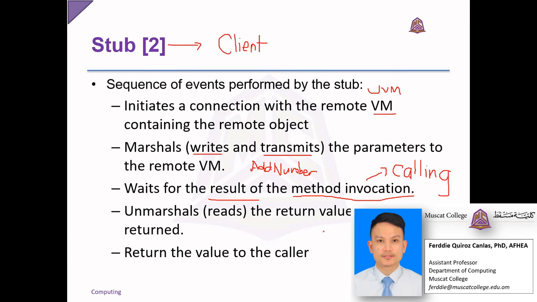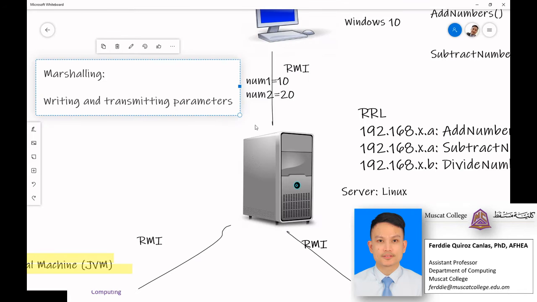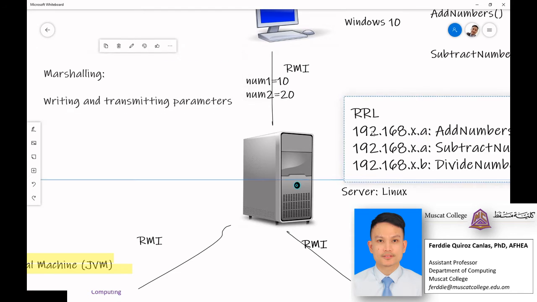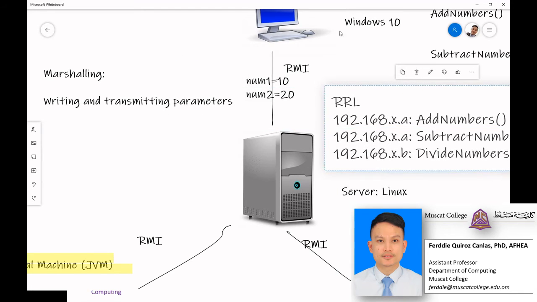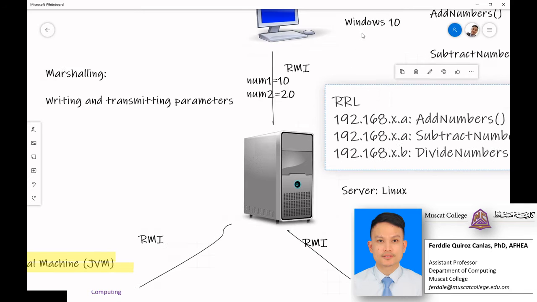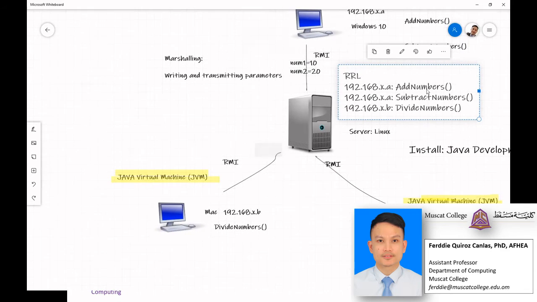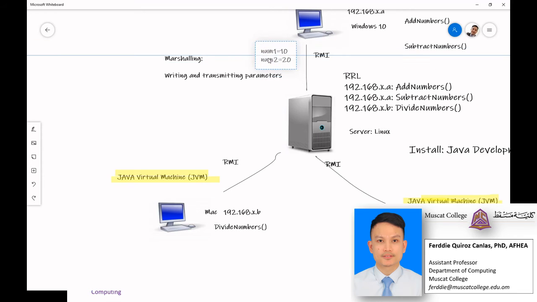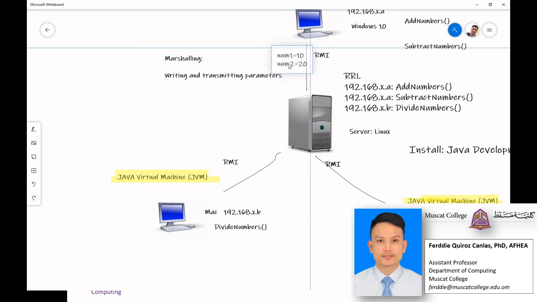In return, since in the RMI it says 192.168.x.a, which is Windows 10, is requesting to add numbers and subtract numbers, agree? So what will be the response of the server? It goes down to the network.